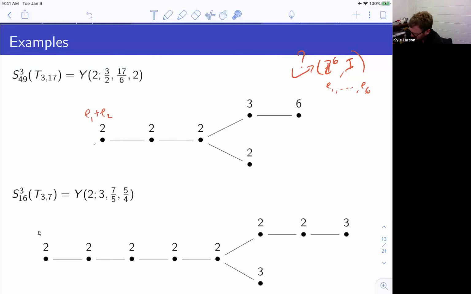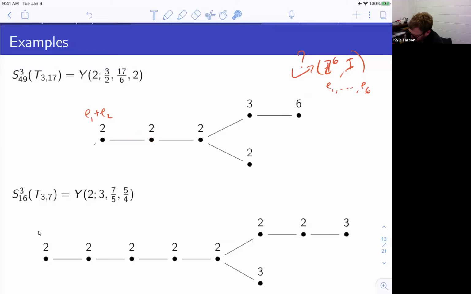Whatever 2 basis vectors I send to, I'll just call them e1 and e2. The same analysis goes here. The generator corresponding to this vertex should be sent to a sum or difference of 2 basis vectors. But the fact that there's an edge connecting these 2 vertices means that these 2 elements pair to 1 under the intersection form.